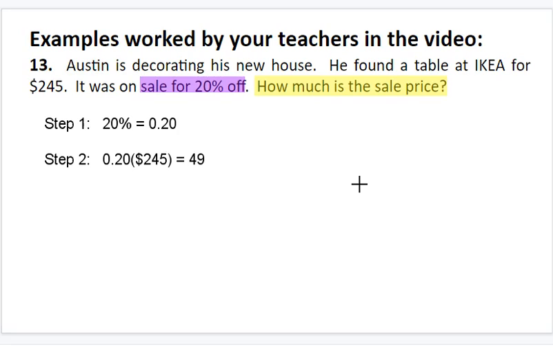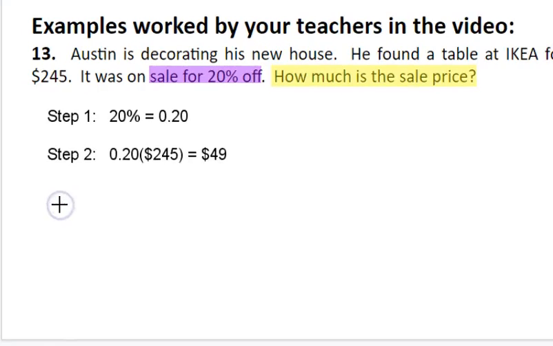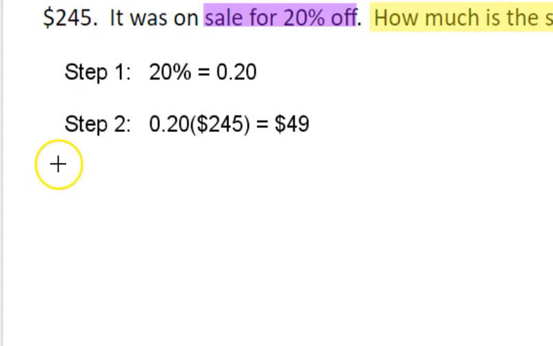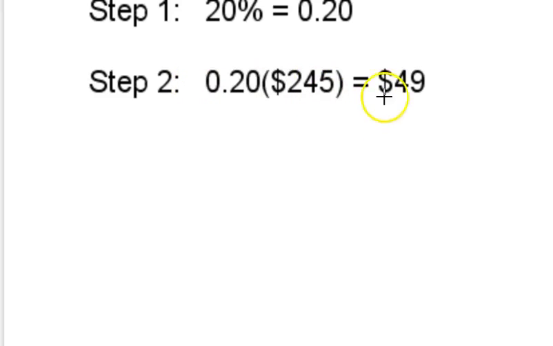Now this is talking about money, so I'm going to put a dollar sign in front. Okay? So just to be clear about what that means, the $49 is how much money that he's saving on his table. Okay?